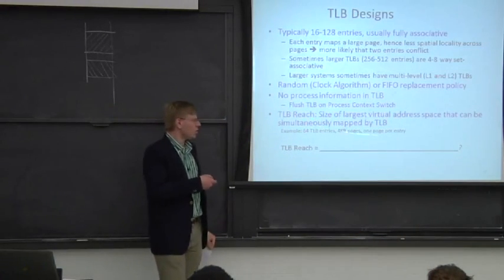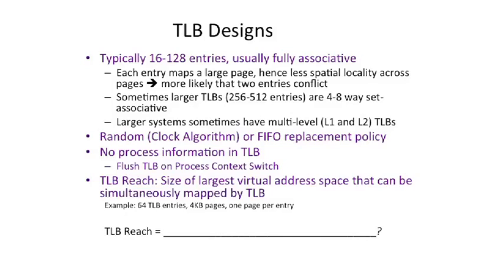So one of the good questions that comes up is, if we're trying to access a big array, can we map enough memory with our TLB to access that big array without having to take a TLB miss? We'll call this the reach of the TLB, of all the things you can map with the TLB.